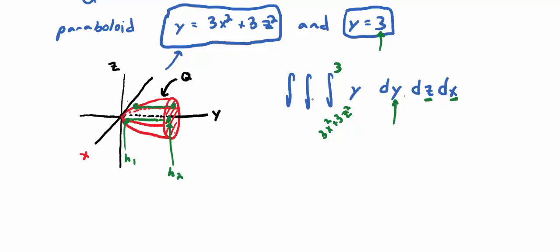Now what do we do to get the outer two sets of limits of integration, for the middle integral and the actual outer integral? We're going to project the solid region Q onto the plane determined by the outer two variables of integration, x and z in this case. And that's easy enough.